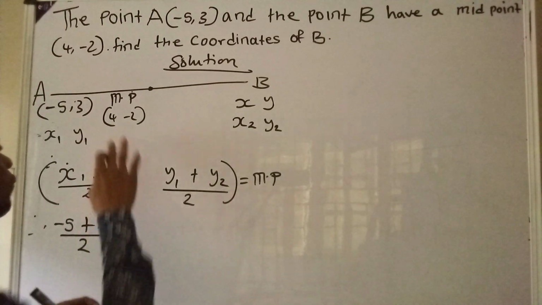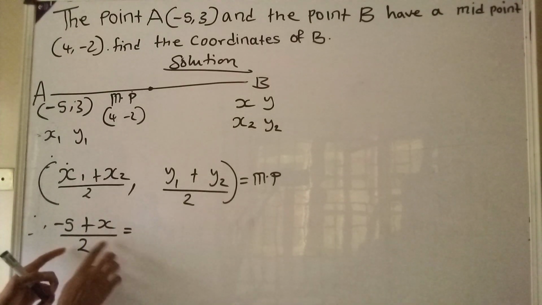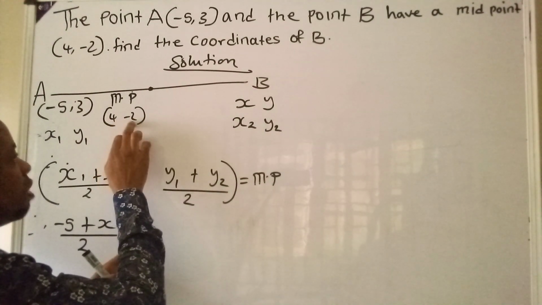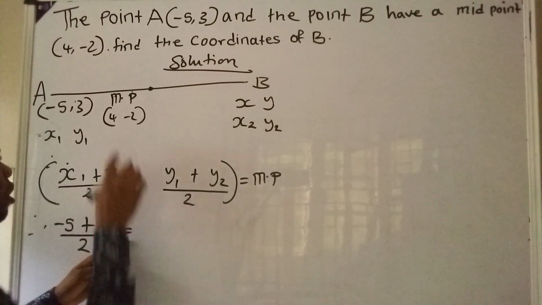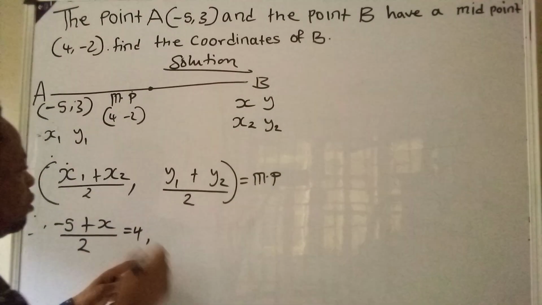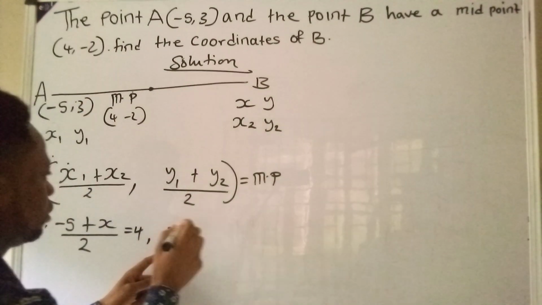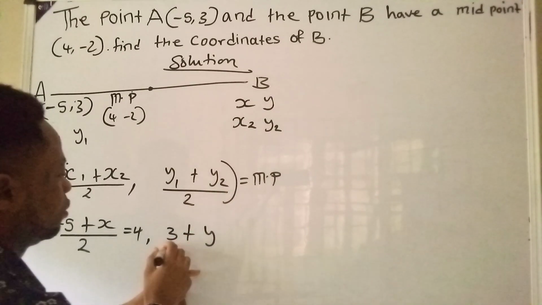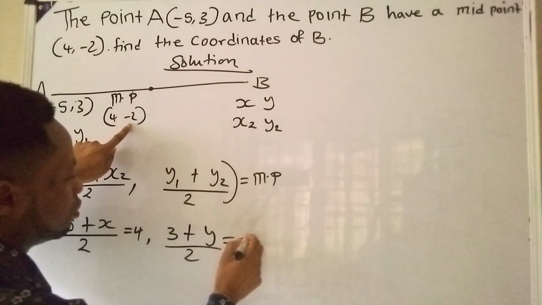We should also know that the first number that comes first is representing X. So this 4 here is the value of X. Then we have 4, comma, and these are our Y. Y1 is 3 plus our Y2, which is Y, over 2 equal to our Y, which is -2.